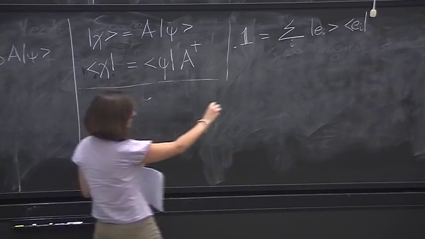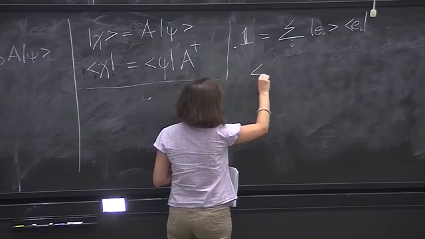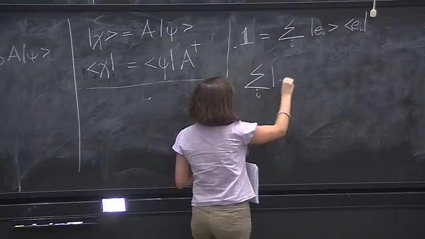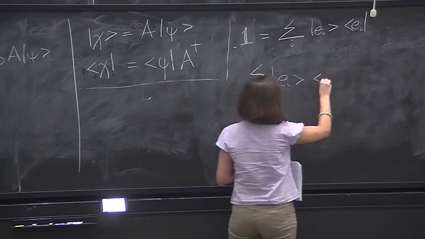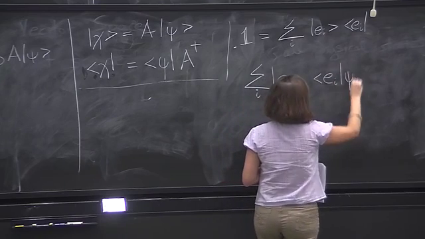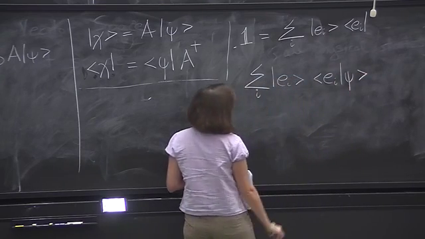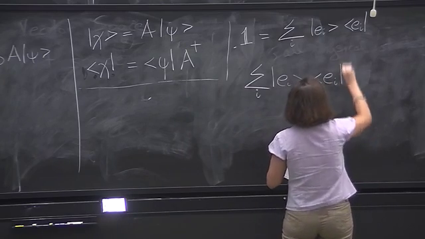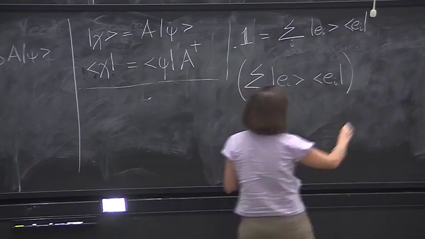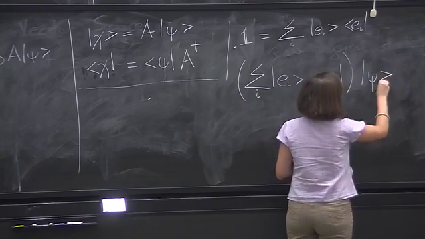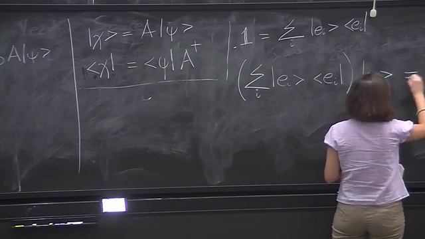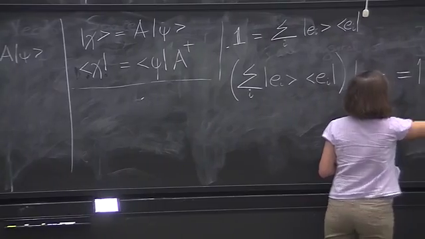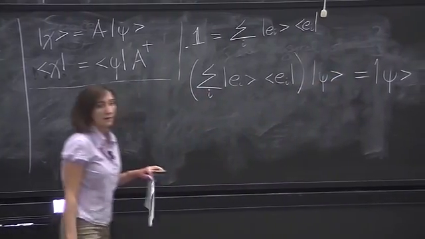And you can check indeed that this thing, acting on any state psi, or let me write it more formally, this thing acting on any state psi will give you back the state itself.